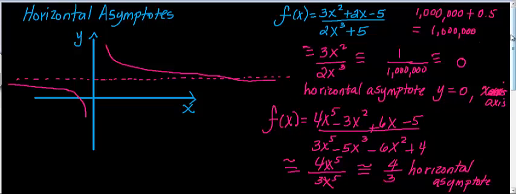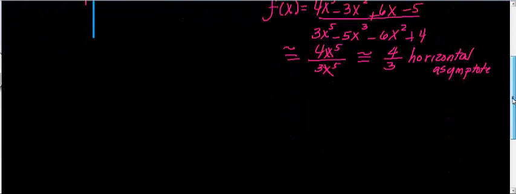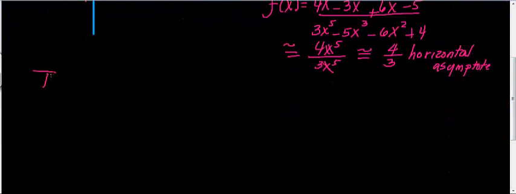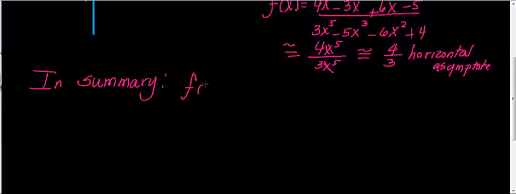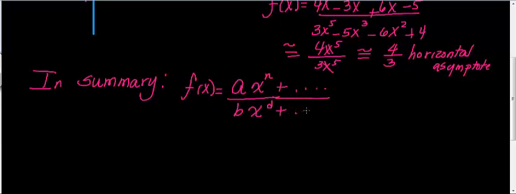Okay, so in summary, how do I find the horizontal asymptote? This is what you need to learn. I'm going to write a polynomial here, and let's say this is a x to the n over b x to the d plus some other terms.